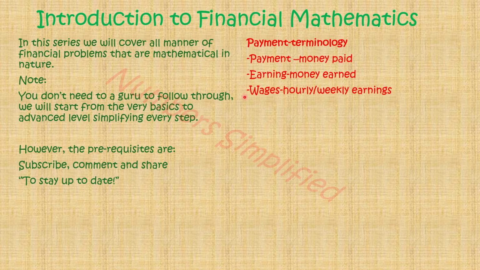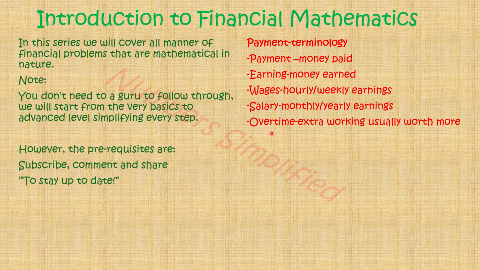Now, when it comes to wages, wages are often hourly or weekly in terms of the earnings. Now, we also have salary. So salary tends to be monthly or yearly. These are yearly or monthly earnings. Now, you take a look at overtime.